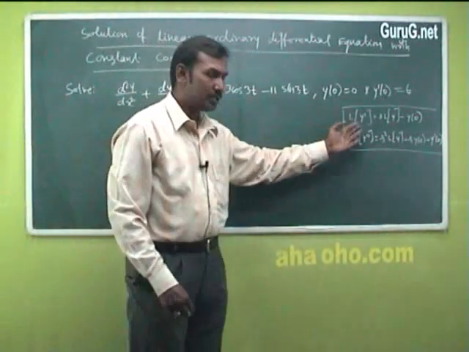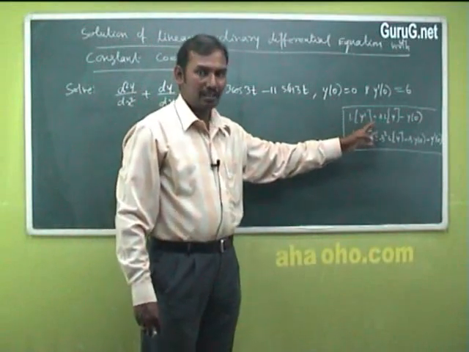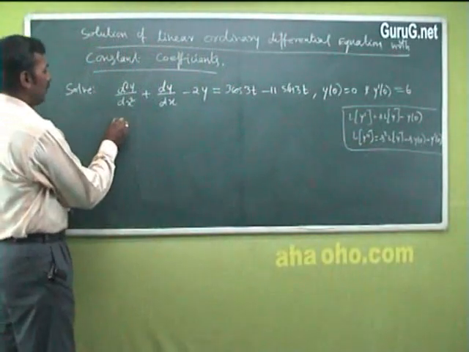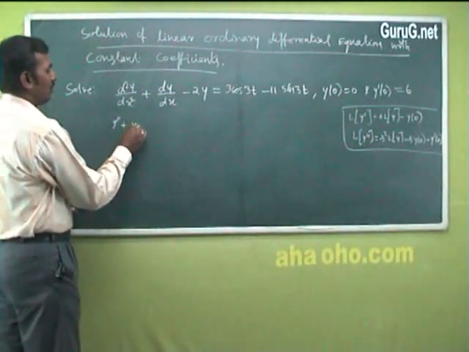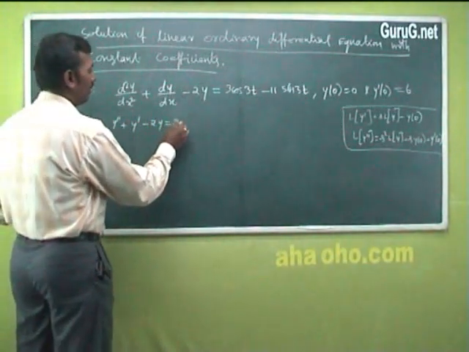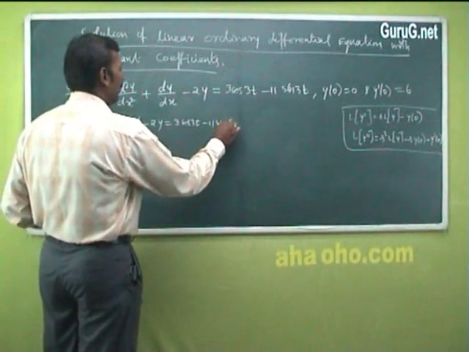Already I have used that. I gave F dash of t, and instead of that it is y dash of t. Right? That is why I have written that formula. Now how can this be written? y double dash plus y dash minus 2y equals 3 cos 3t minus 11 sin 3t.